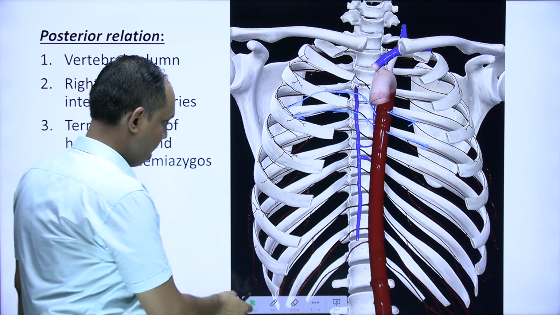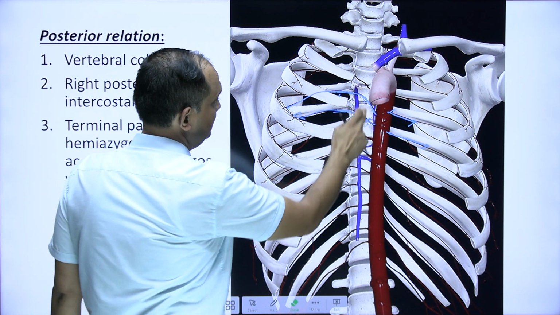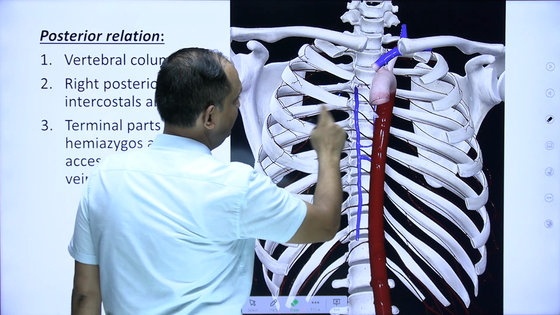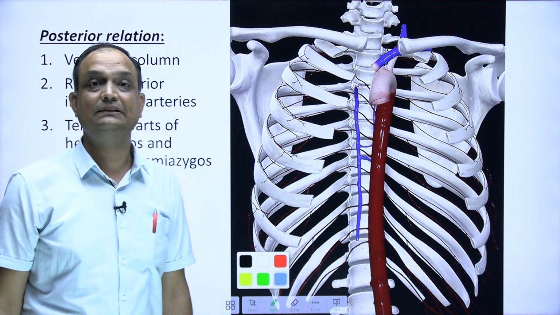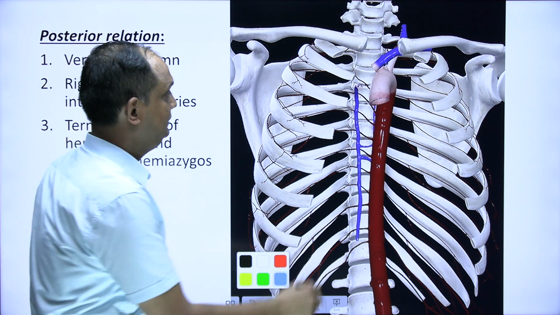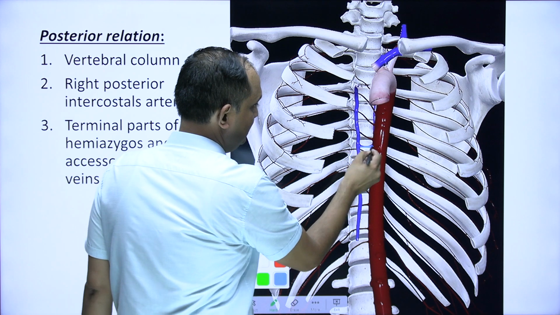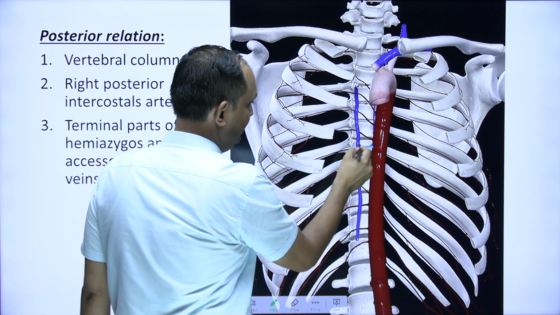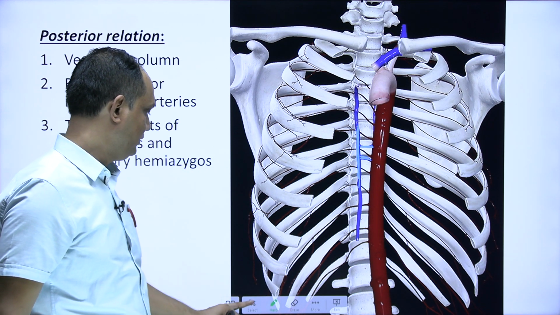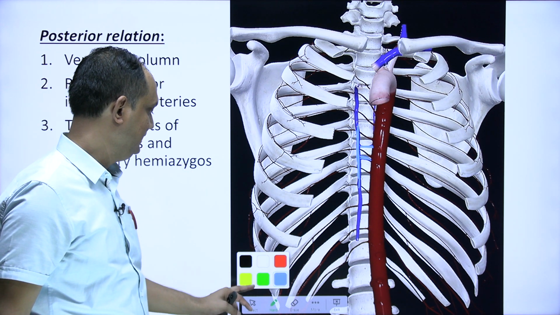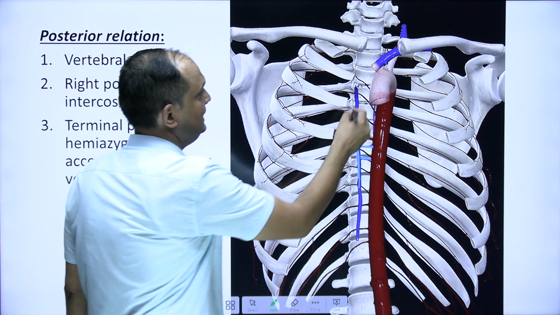Apart from that, you will have two important veins which are opening into the azygos vein, that is your hemiazygos and accessory hemiazygos. These are the two veins which you can see here, and they open into this azygos vein. Now, if I draw my thoracic duct here, the thoracic duct lies here.